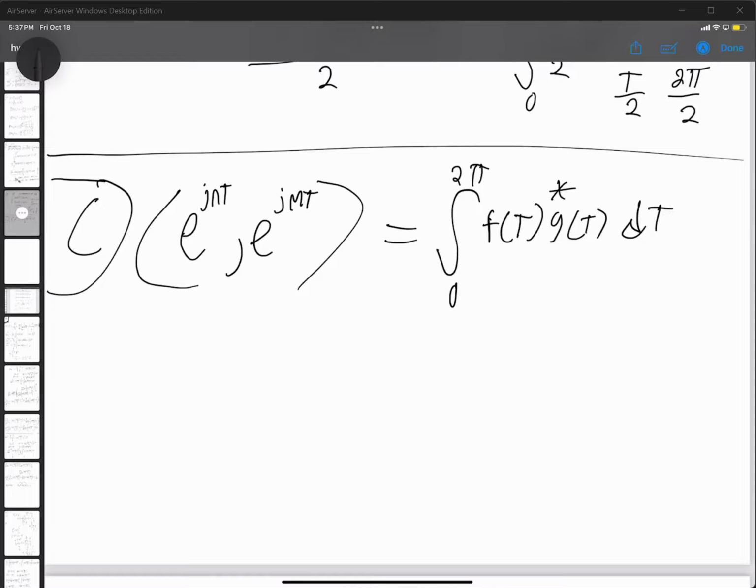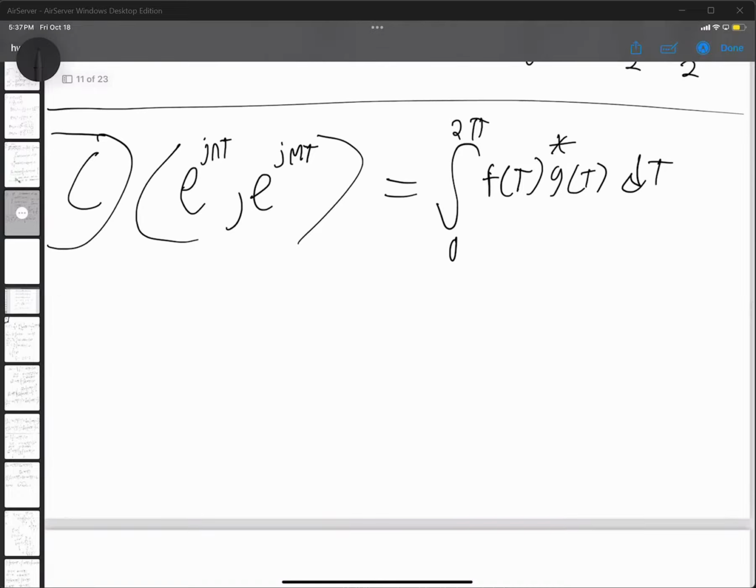We have a j. We are complex. So let's put in our numbers. Here from 0 to 2 pi, e to the j n t times e to the negative j m t dt, right?